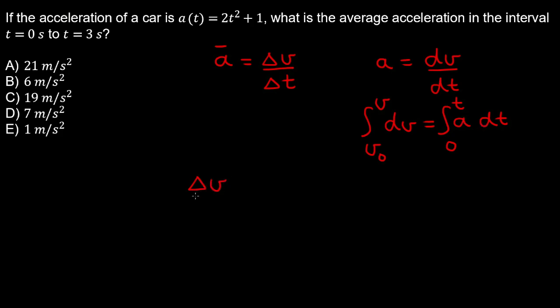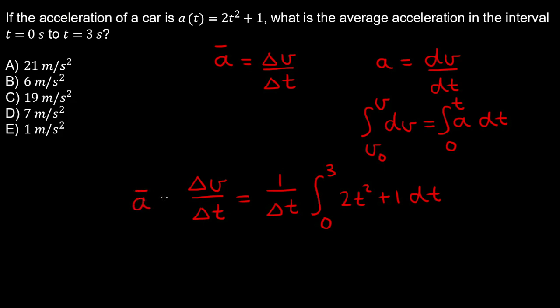And dividing through by delta t, we have delta v on delta t is 1 on delta t, while the integral of the acceleration, which is 2t squared plus 1 with respect to time, and we're integrating from t equals 0 to t equals 3 seconds. So that'll give us the average acceleration.